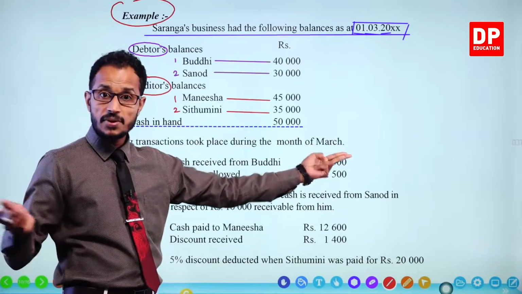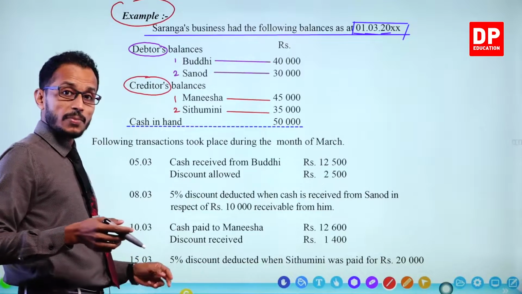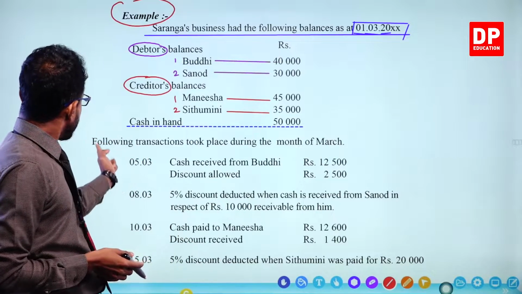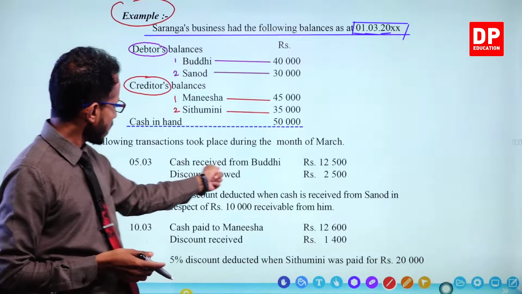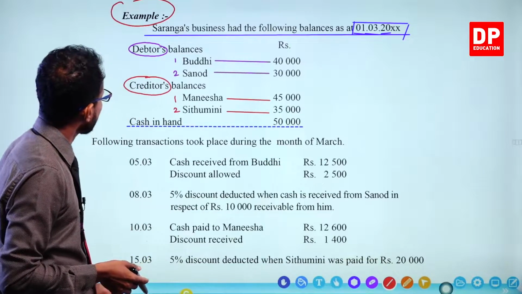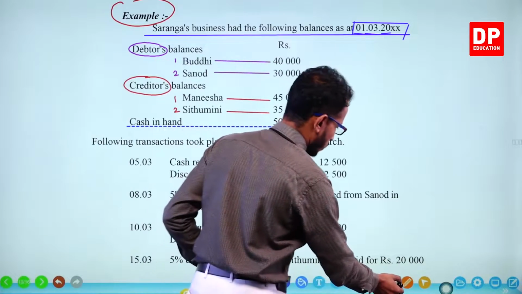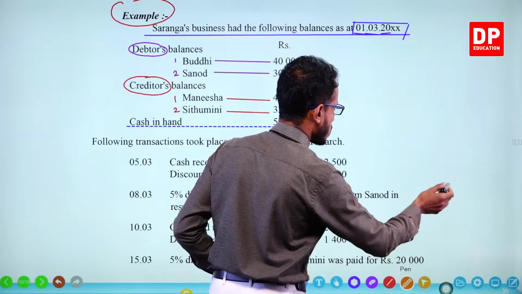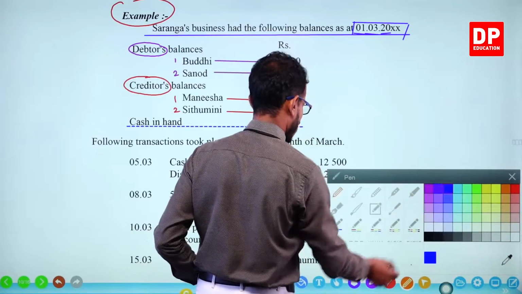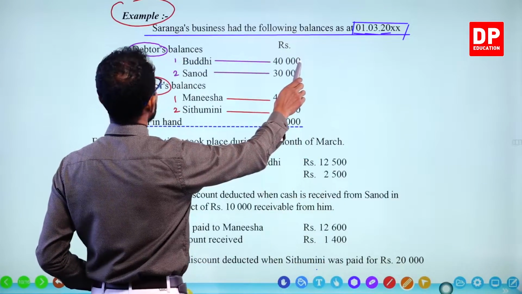These transactions have happened. Let's see what transactions have happened. 5th of March, cash received from Buddhi. This guy has paid. Buddhi has paid, right?